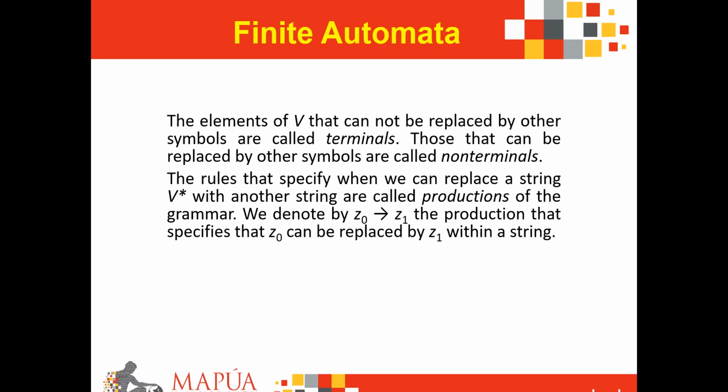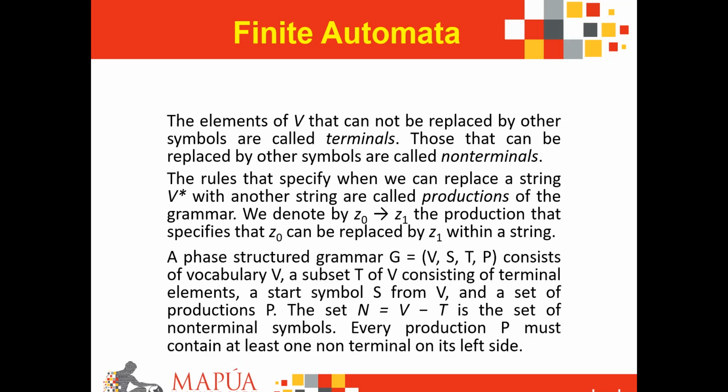The rules that specify when we can replace a string in your corresponding vocabulary with another string are called productions of your grammar. We often denote them with an arrow pointing to the right. The production eventually specifies what particular character can be replaced by what character within your given string. So a given phrase-structured grammar basically comprises a set of vocabulary, a set of starting characters, a set of terminating characters, and a corresponding production process.